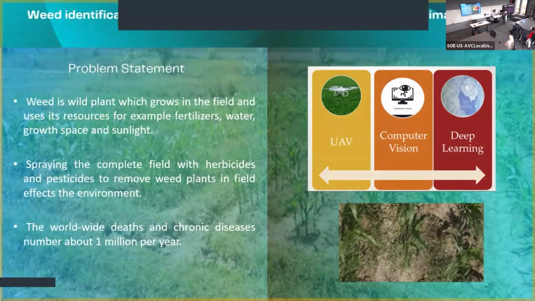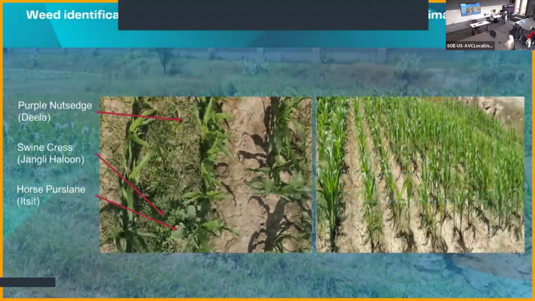So again, we integrated this with computer vision and deep learning, and we used multispectral images from this drone data set, and we applied deep machine learning algorithms for classification of different types of patterns and disease.